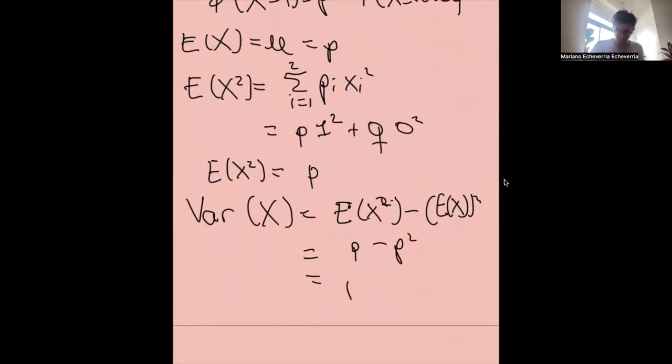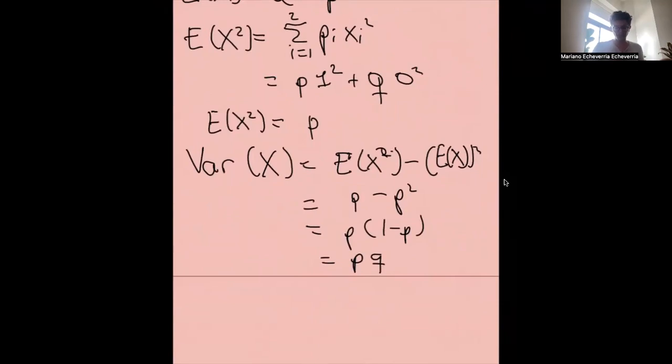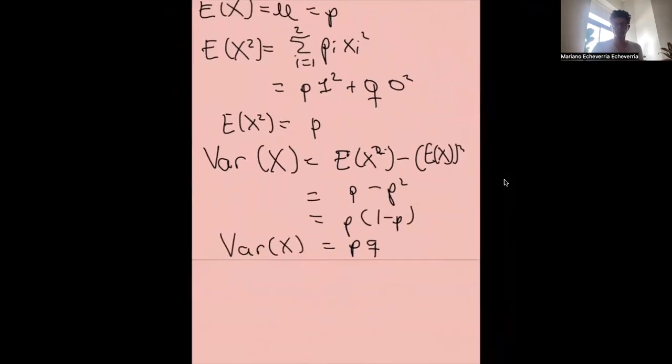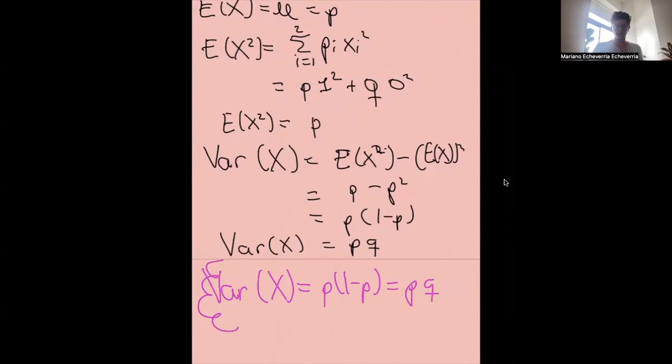So you can factorize a p. So it's p times 1 minus p, or p times q. That's another way to write it. So for the Bernoulli random variable, it's a useful formula to remember. The variance is p times 1 minus p, or p times q. Either way is how you'll see it written in the literature.